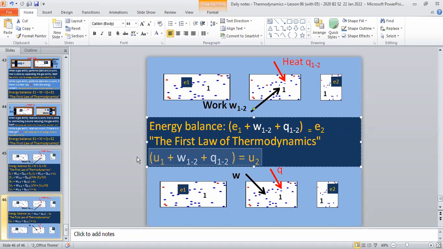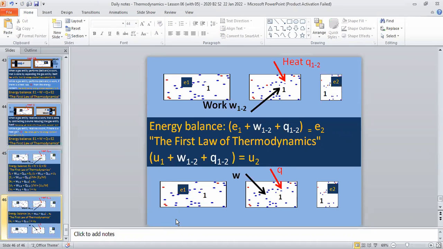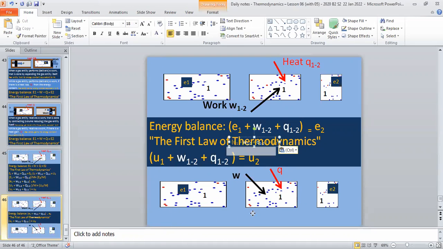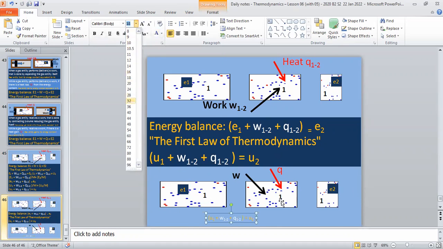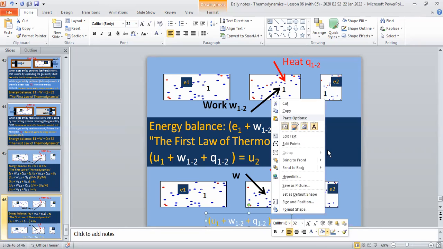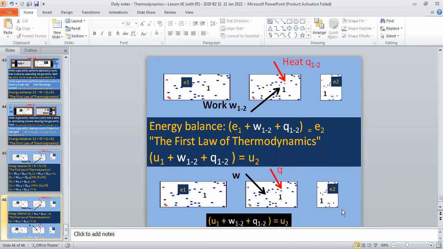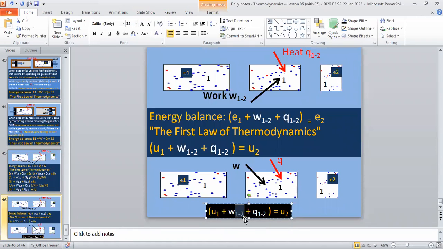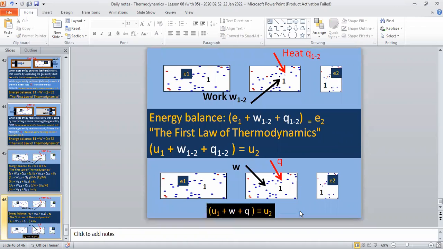Then again you can write this way. So no need for W 1 to 2, just Q is enough. Okay, more simplified.